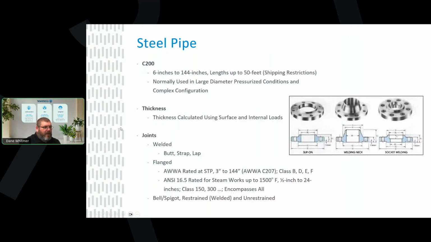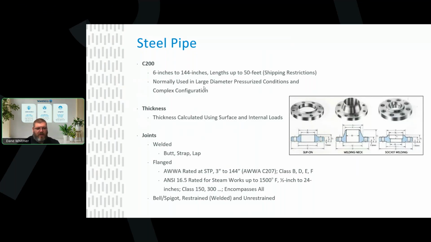All right, steel pipe is another pipe that is, again, highly customizable. It ranges in large diameters. It's been a staple for a lot of years in the industry. It comes in many different types of joints, and you can have it completely restrained, being welded or flanged.